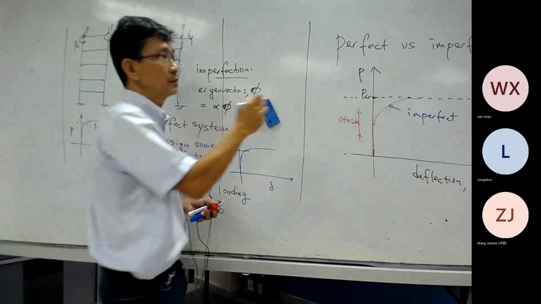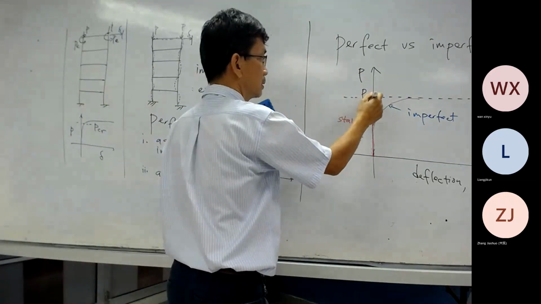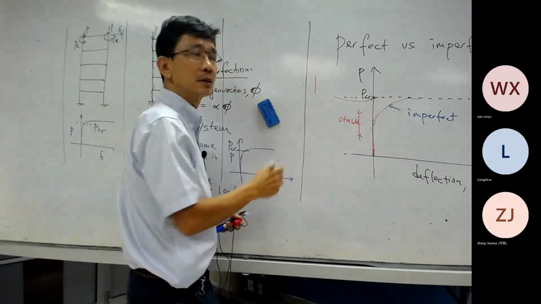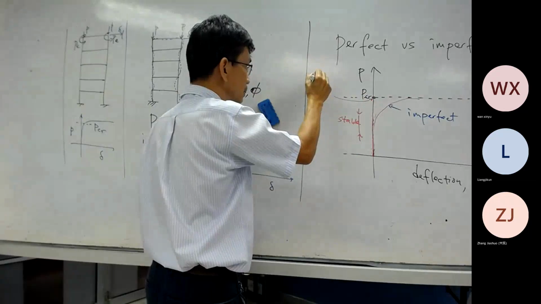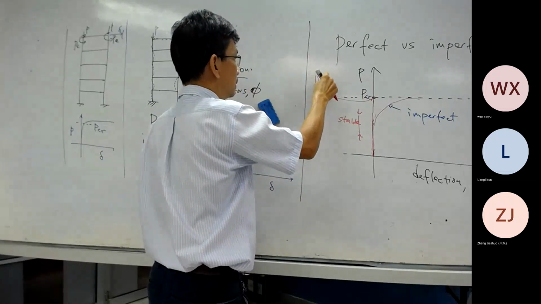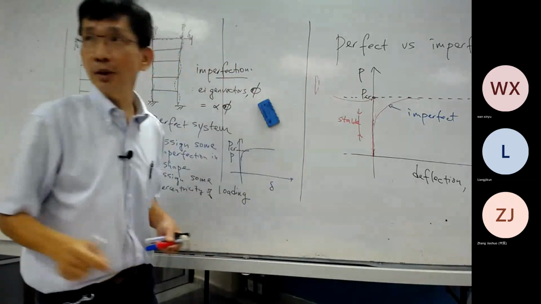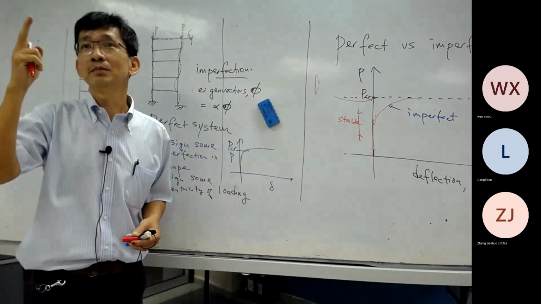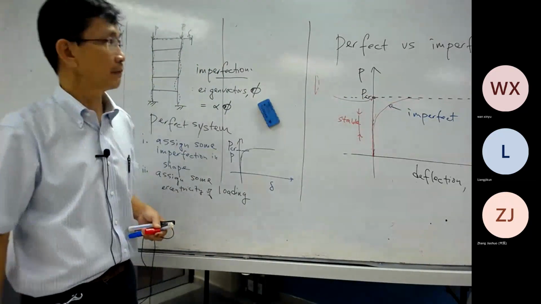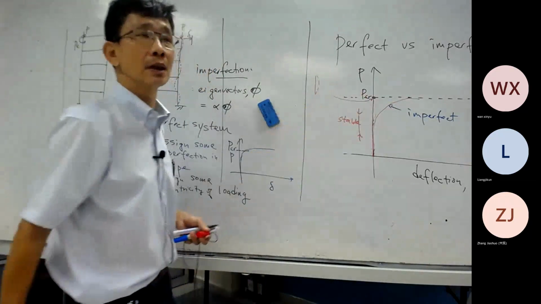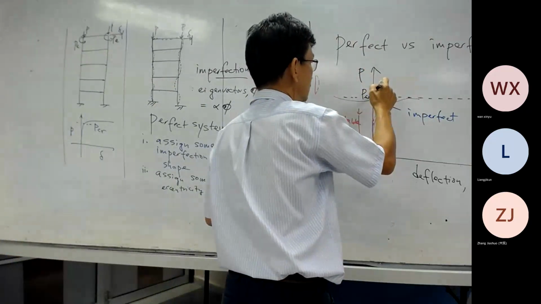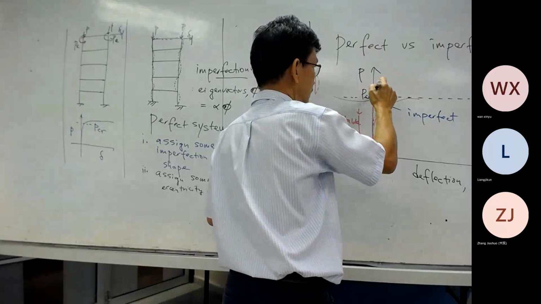It is neutral. At this particular state, it is neutral, which means if you disturb it, it can also take this shape. So both shapes are possible: the straight one and the slightly bent one at this point. If you go up further, what happens?